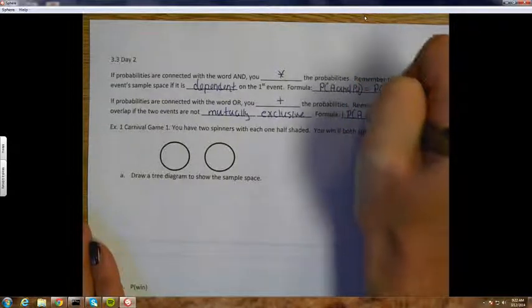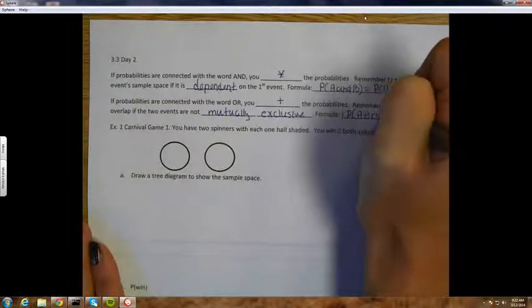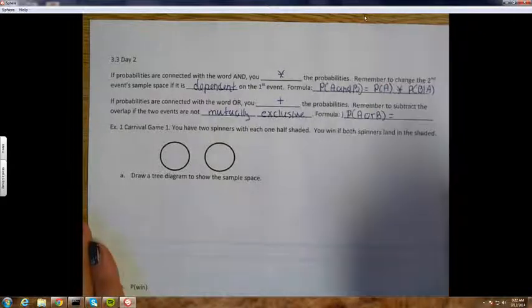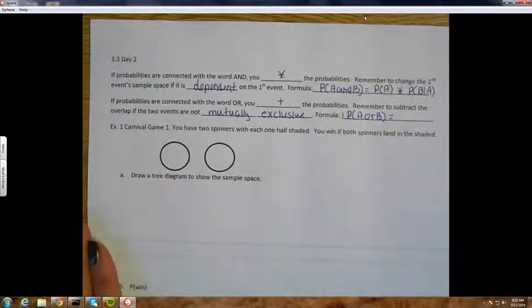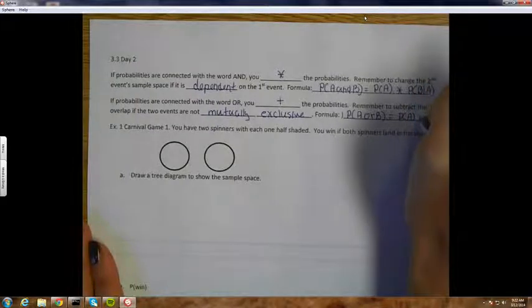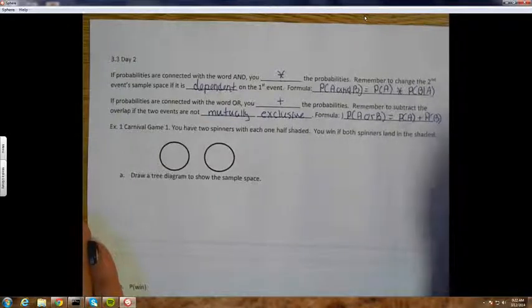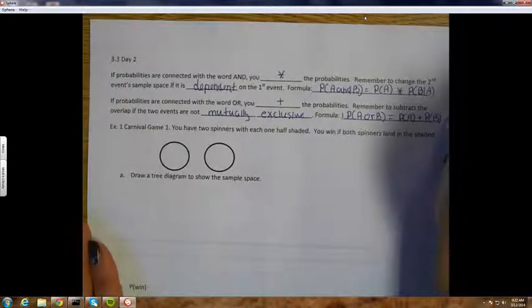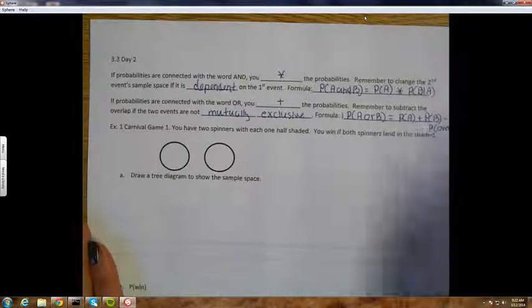If it has A or B, that's what you're going to practice writing today. It's the probability of A plus probability of B, then what? Minus the probability of the overlap, the ones that were double counted. Okay, very good. You remember.